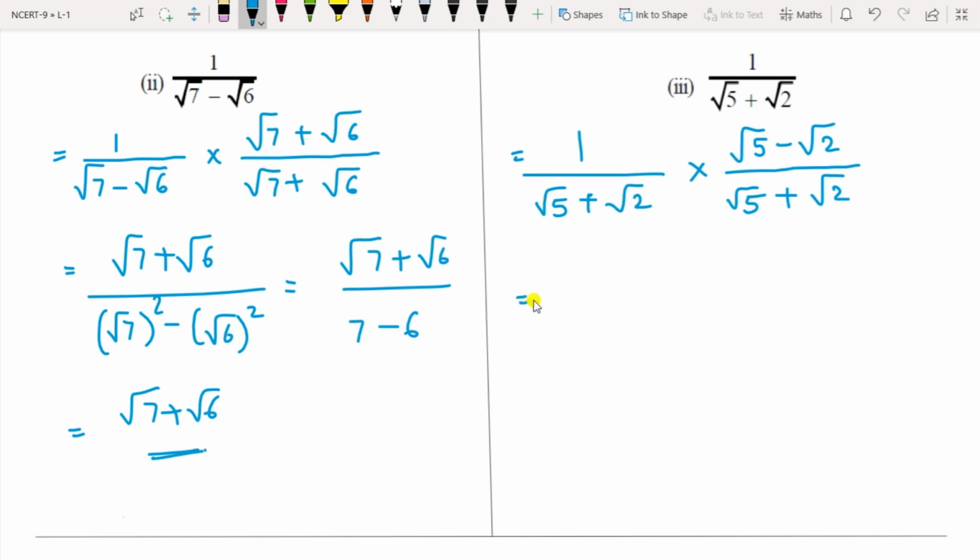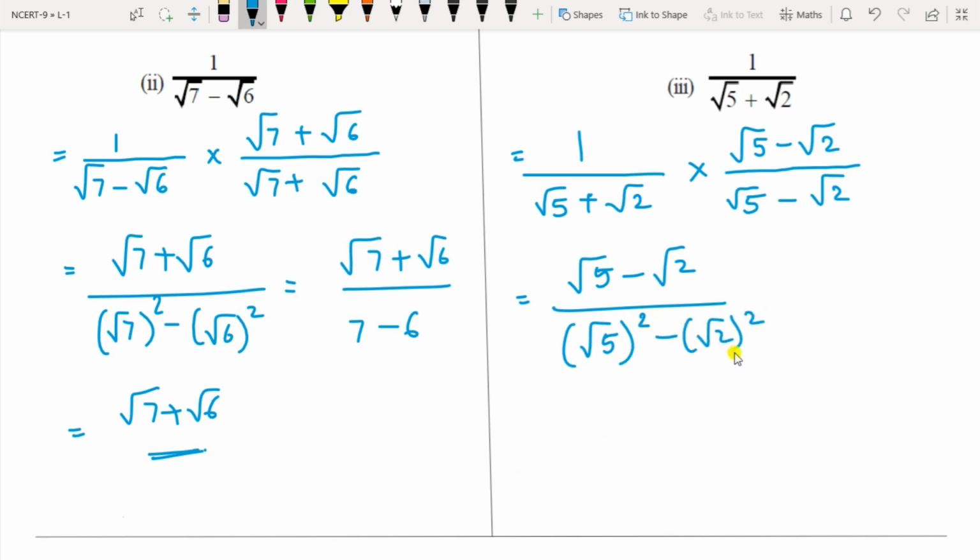Now this is addition, so do the subtraction here. So it is root 5 minus root 2, the whole upon root 5 square minus root 2 square.